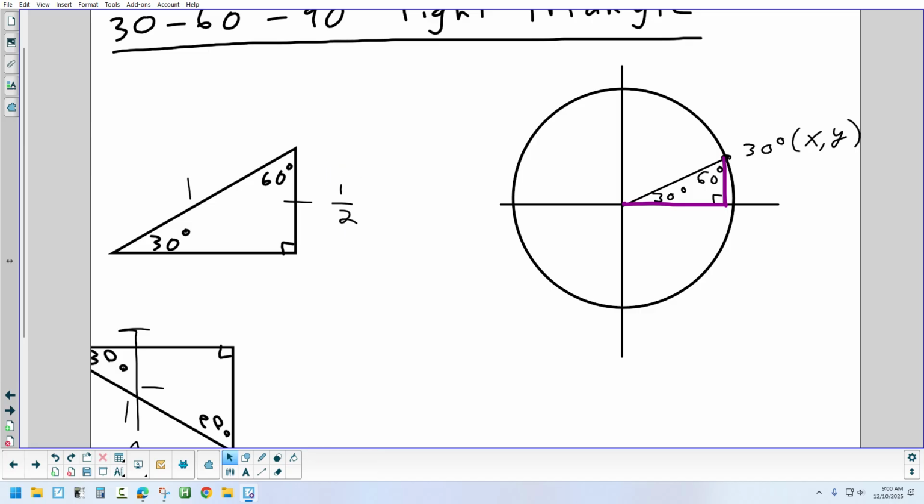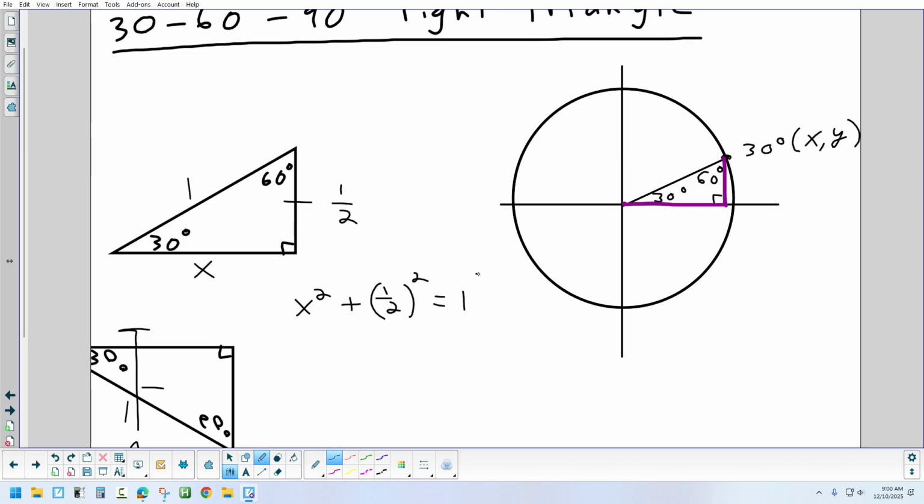All right, so let's use Pythagorean theorem and find the bottom side. What could we call the bottom side for now? Yep. X. Let's call it x. And can somebody set up my Pythagorean theorem for me using the three labels that we have on that triangle? Yeah. X squared plus 1/4 equals 1 squared.